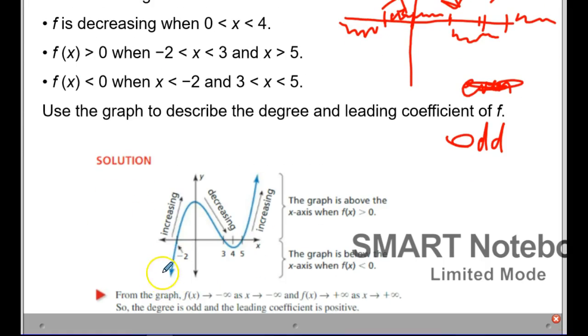Okay, so you'll see we're increasing and then decreasing and increasing again. Here between my 3 and my 5, I am below the x-axis, and here when I'm less than -2, I'm below my x-axis. Now this is just one kind of guess of what this graph could look like. It could go super high in between here and super low, but we were not asked that. We were just asked kind of the shape of this graph. So we can simplify things a little bit that way too.